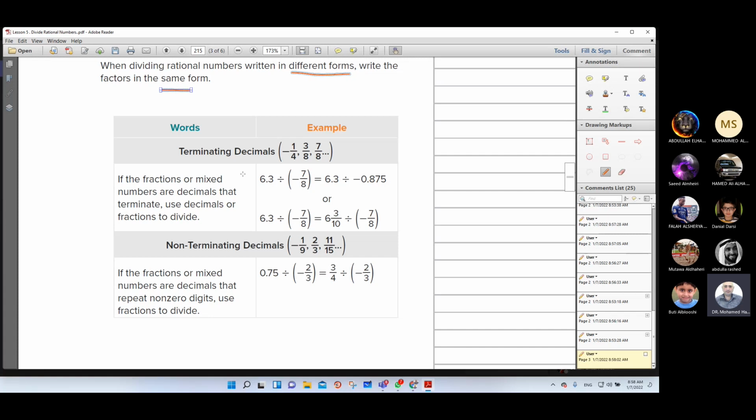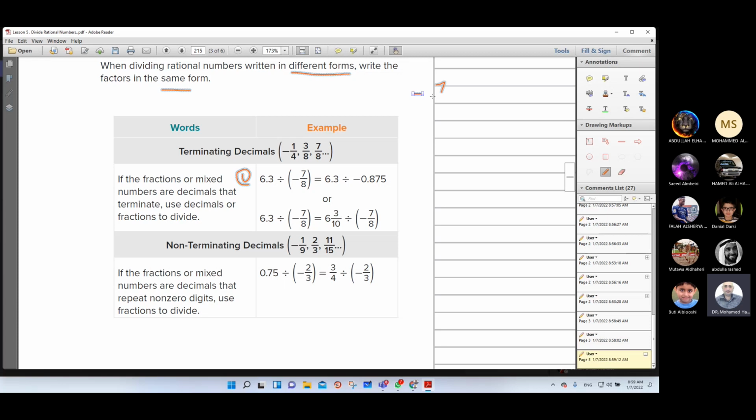In the first method here, we have 6.3 divided by negative 7 over 8. When you change this fraction, you will get a terminating decimal. So you can keep the same decimal, 6.3, then change this fraction to the decimal.